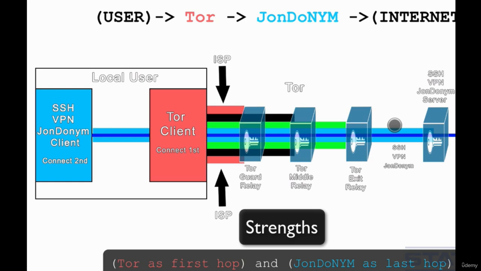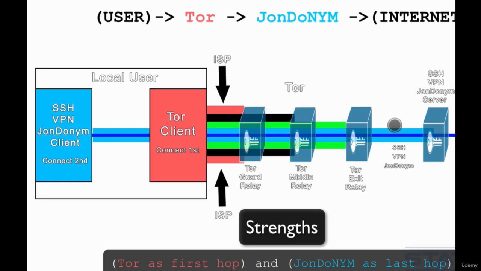And after that, the user goes to SSH, VPN, John Doe, and then Tor and internet.onion, your desired target. So here SSH, VPN and John Doe are first hop and Tor is last hop.